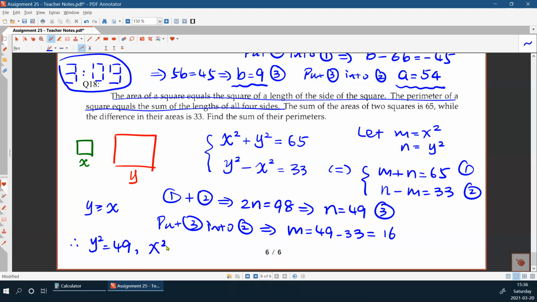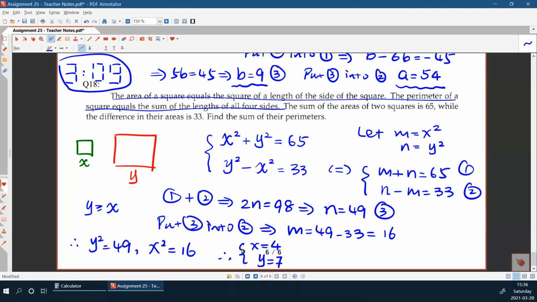M is x squared, right? X squared is 16. Okay, so that means x is 4, y is 7. Remember that x can actually be negative or positive 4, right? But because it's the length of a side, it cannot be negative. So we just ignore the negative values there.